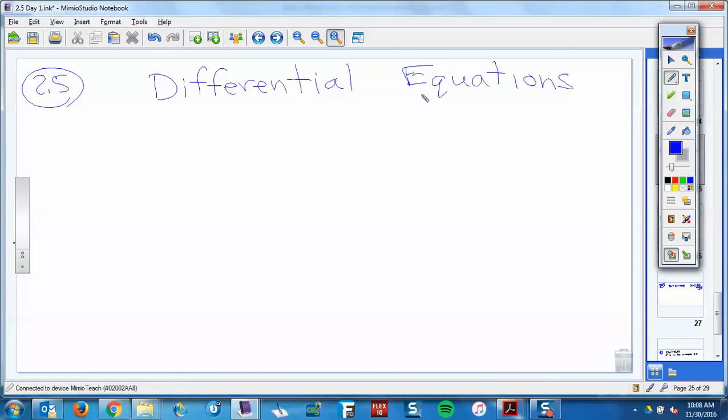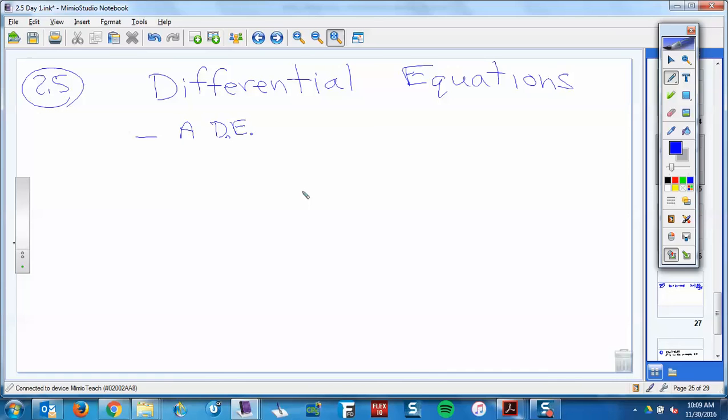Now, what does the word differential mean? Well, differential is another term for derivative, right? When you take the derivative of a function, another way of saying that is differentiate. Sometimes you'll see differentiate this function, right? So differential or derivative, they're kind of interchangeable as terms. So there's 2 main things I want you to know about differential equations, okay? The first thing is a differential equation. Now your book abbreviates that DE a lot, okay?